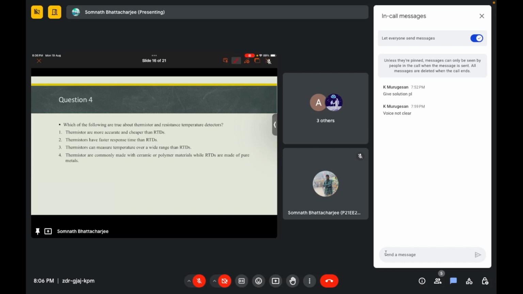Then adsorption is exothermic in nature. So why is it exothermic? What do you think?